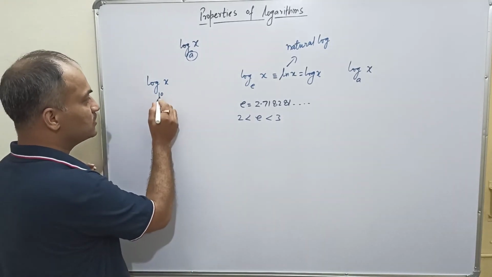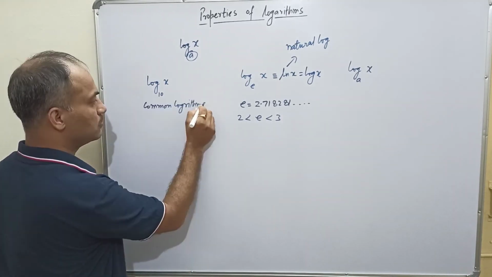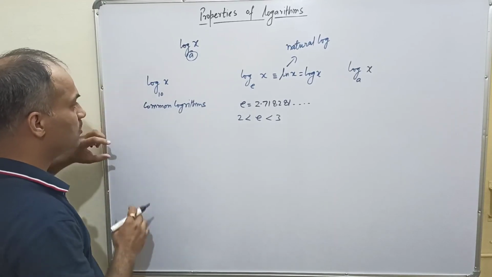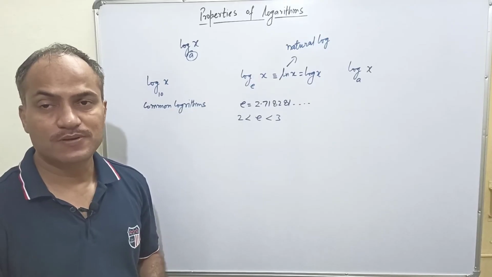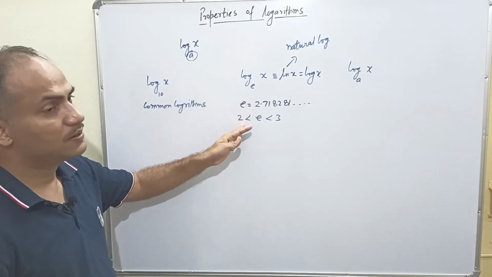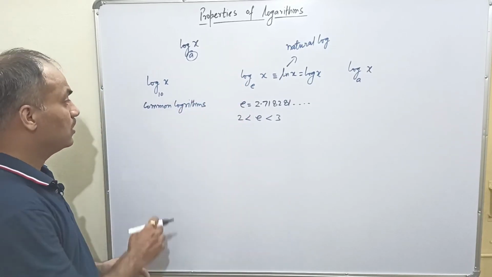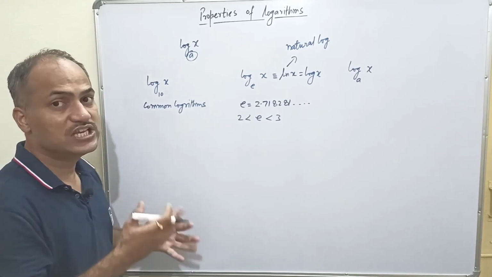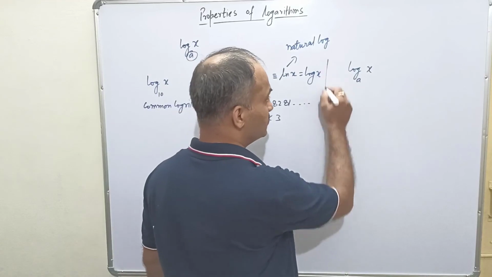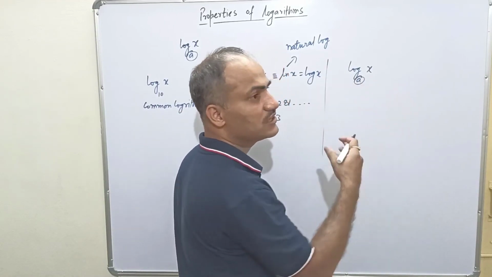Another possibility is whenever the base is 10. This is known as common logarithms. The values of log tables are actually defined on base 10, as well as for base e also, but sometimes it is easier to study when the base is 10. Besides this, log can be of any other real number.